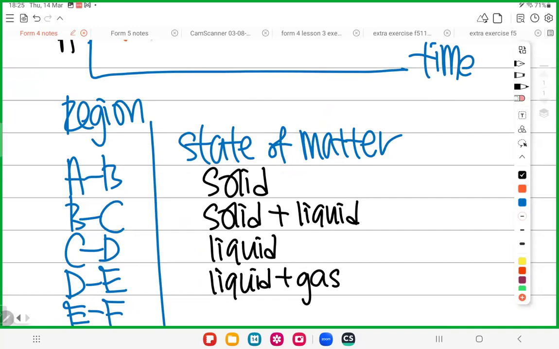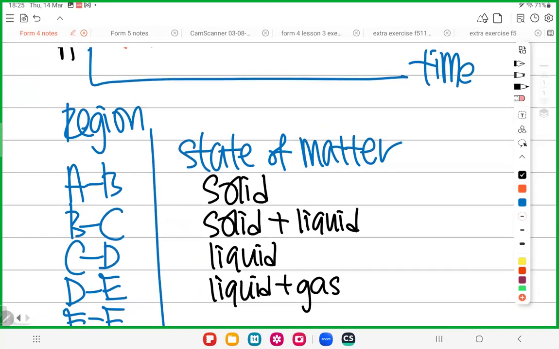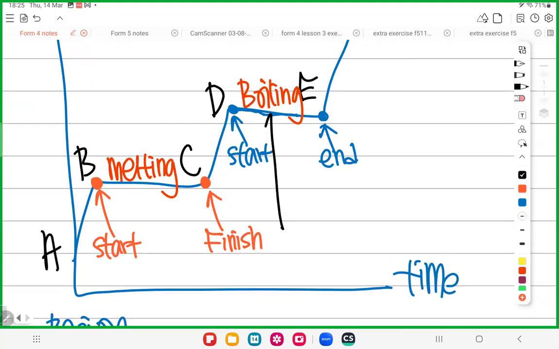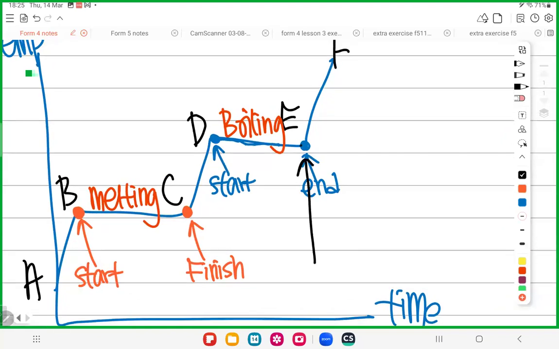Once the boiling started, some liquid is not boiled yet, but some liquid has already boiled and become gas. So you have liquid and gas. Once you reach here, the boiling ended, and everything becomes gas.